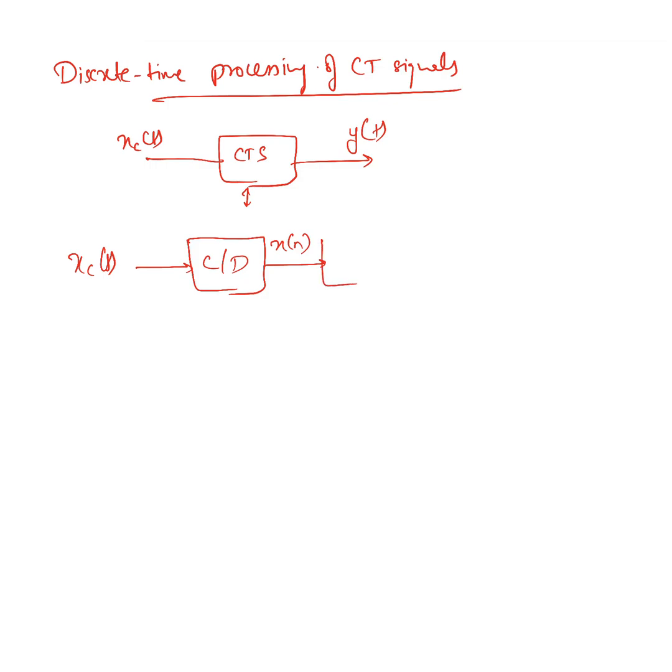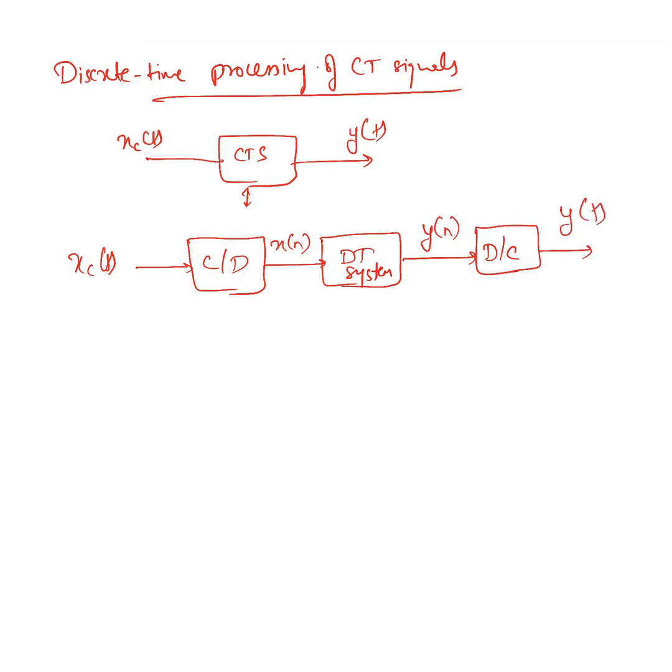Then we process this input x of n through some discrete time system, which will give the discrete time output, of course. And finally, by using the D to C converter, we compute the signal y of t.